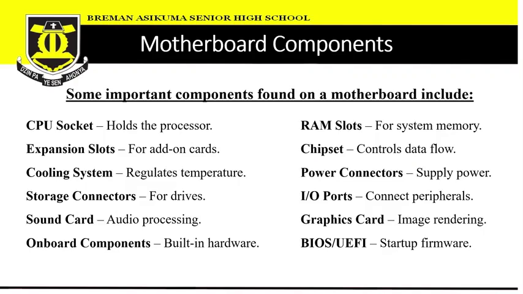We have the sound card for audio processing. We have onboard components, that is, components that are built on the board already. We have RAM slots, chipsets, power connectors, IOs, then the graphic card, and also BIOS and UEFI. So we're going to take these components one by one and look at how they function.